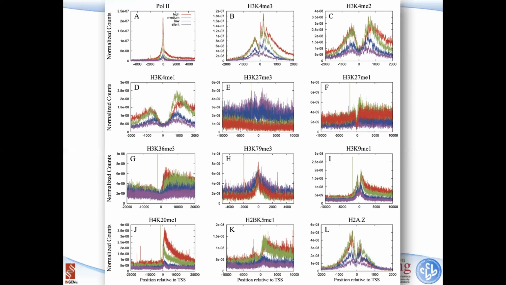Interestingly, even for silent genes we still see a little bit of signal. But in general, Pol II signal is quite correlated with gene expression. They also looked at active modification signals, which look very similar to gene expression, but I won't spend much time here. Otherwise, you may kill me.